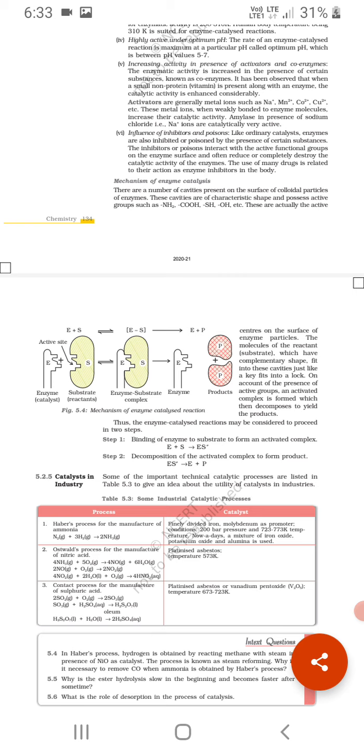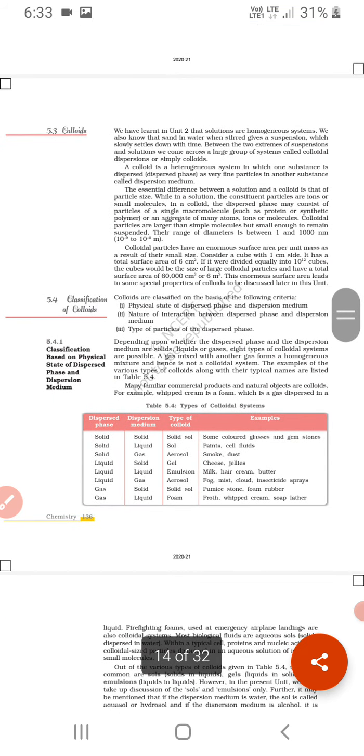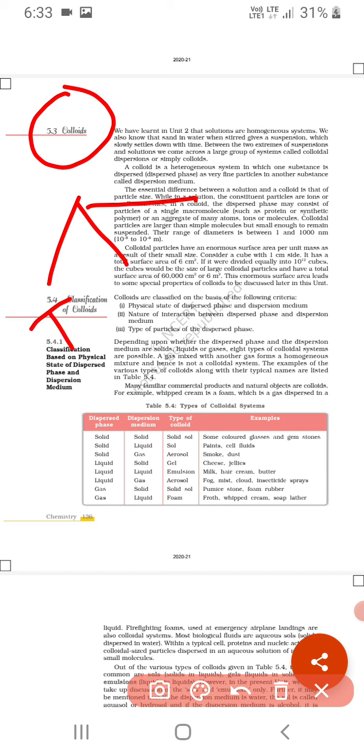So students, next we move to another very important topic of this chapter, or you can say now we are going to discuss the second half of the chapter. Here in our lower classes we have studied that there are three types of solutions. First, true solution, then colloidal solution, and suspension, right? We all studied this topic in class 9th.